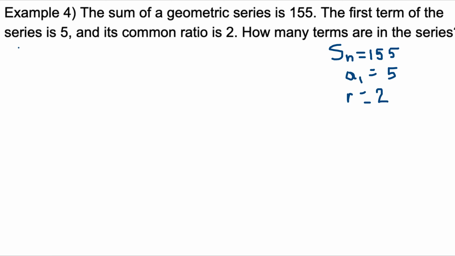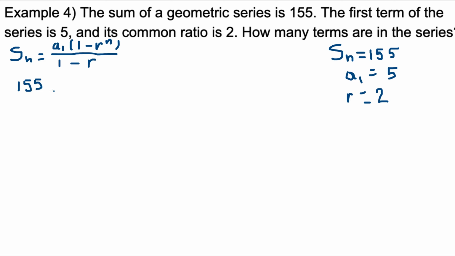We already know the formula for the sum of a finite series: S_n is equal to the first term a_1 times 1 minus the common ratio in exponent n, divided by 1 minus the common ratio. Instead of S_n we plug in 155. Can we make this an equation with one unknown?